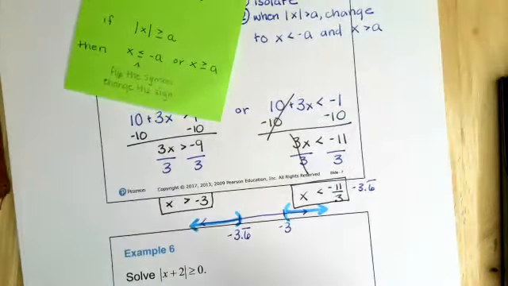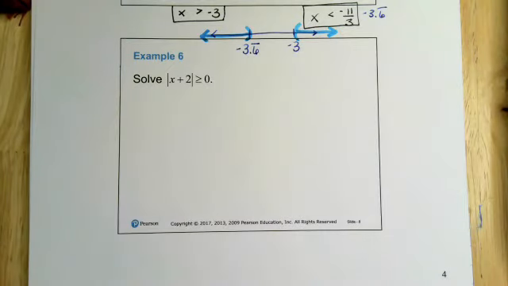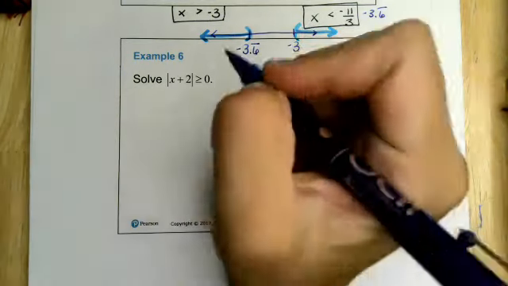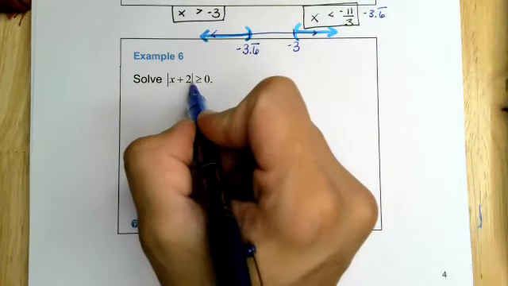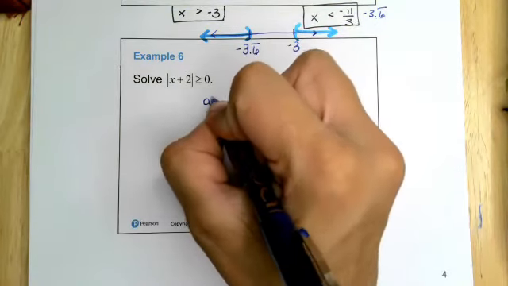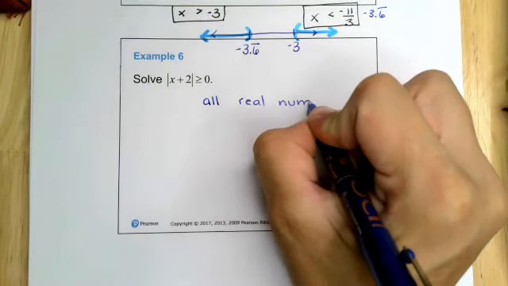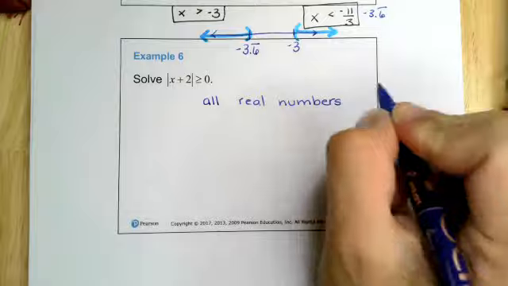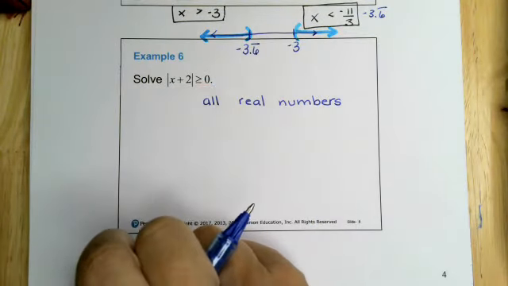Solve the absolute value of x plus 2 is greater than or equal to 0. But isn't everything greater than or equal to 0 when it's an absolute value? Yes, it is. All real numbers is your answer. Anything on the number line, when you add 2, will be greater than or equal to 0.